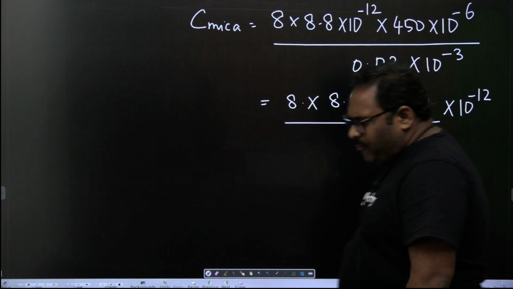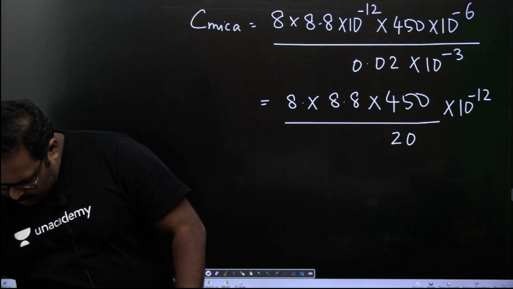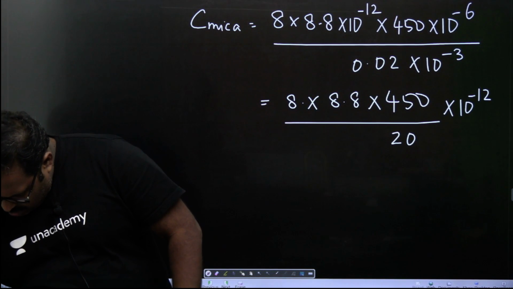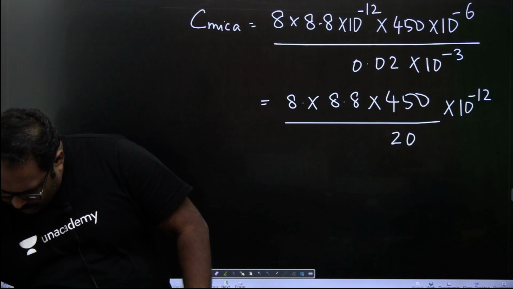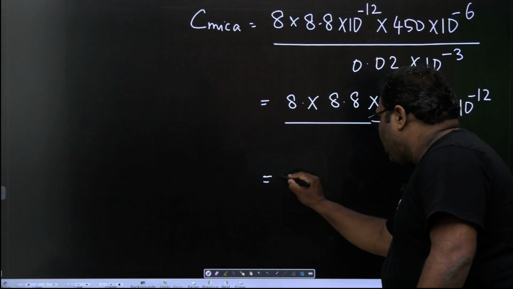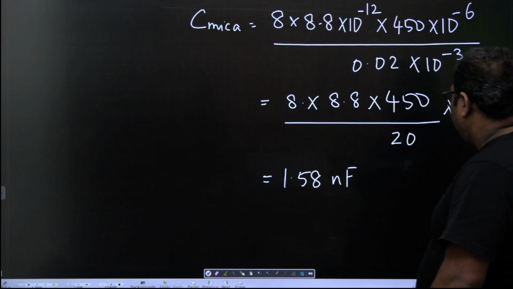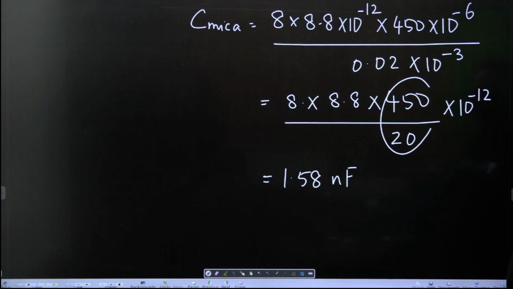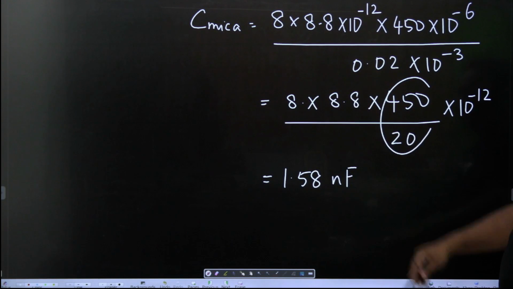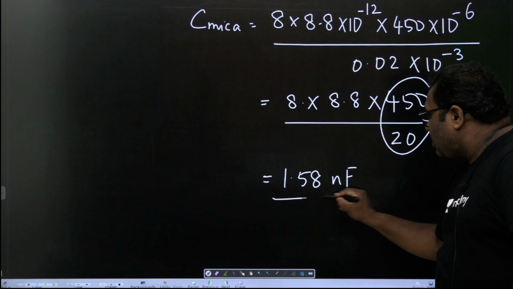For me, I got the value at 1.58 nanofarads approximately, because it's a big term here, this is also a relatively big term, so 10 power minus 9 के करीब आ रही है. This is C of the mica.